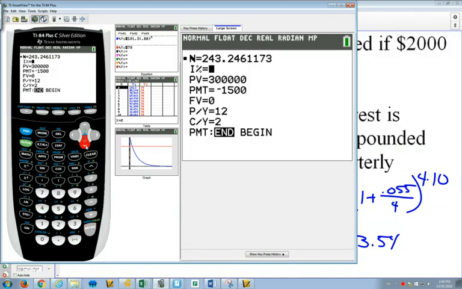And so now, if I up my payments to that, it was at $380, but now if I times this by 243.2, whoa, I saved $20,000 by putting an extra $300 a month towards my house. That's a lot of money. Okay?